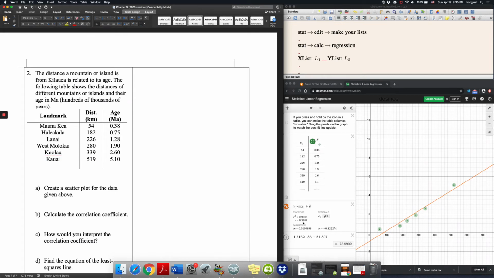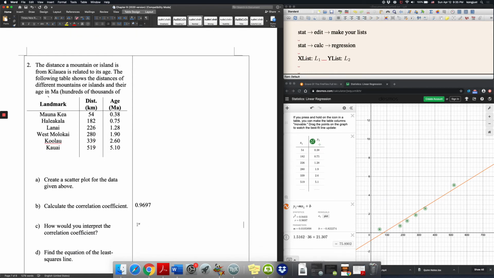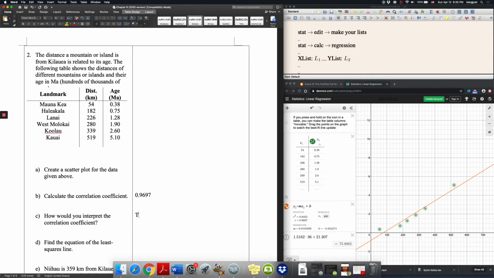Correlation coefficient, that's just this R value that pops out. So, oh, this one is nicely correlated, 0.9697. So that's a very high value, right? So just like the previous question, we have a high positive value, which means, how do I interpret? There is a strong positive linear correlation.